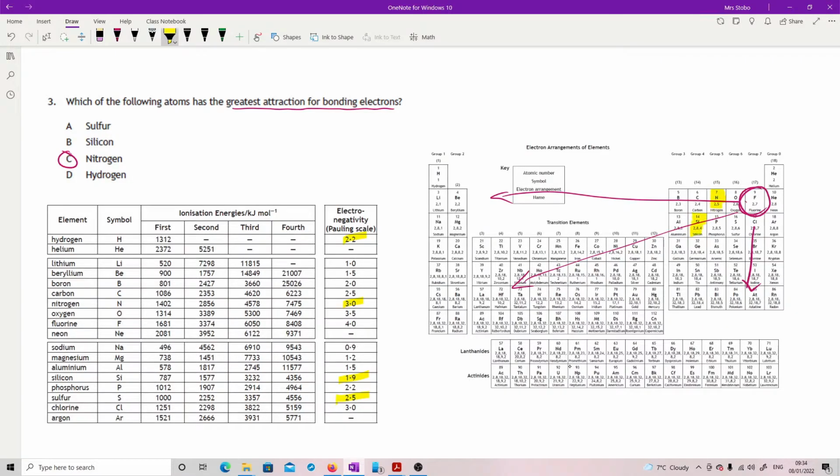Silicon is further away from that one, sulfur is down another level, and hydrogen is over here. Hydrogen doesn't totally fit the pattern, but hydrogen doesn't really fit where it should be anyway, which is quite often why they put hydrogen in a box over here.